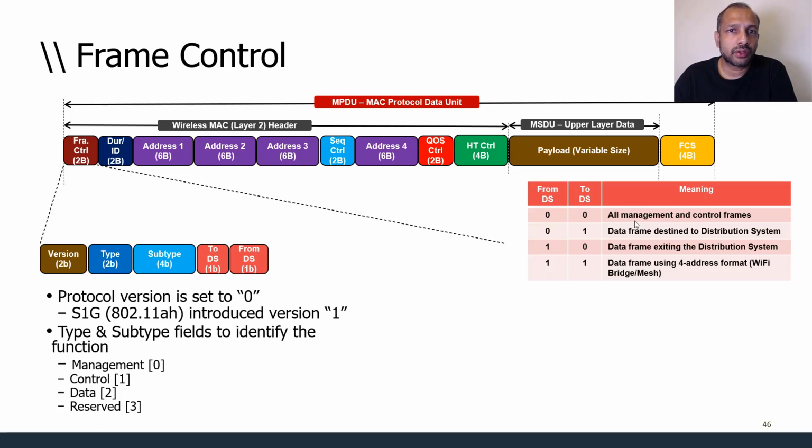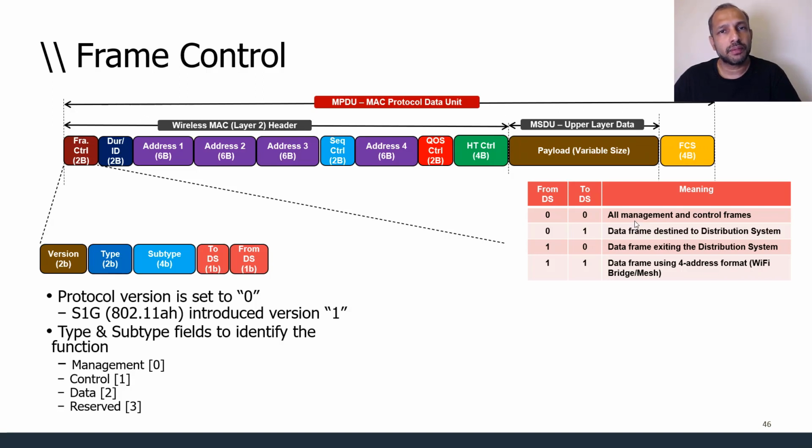The next one is a 2-bit value, what we call the To DS and From DS bits. As the table indicates, this indicates the direction of where the traffic is going or coming from. For all control and management frames, these bits are set to 0, meaning this is not going to the distribution system.